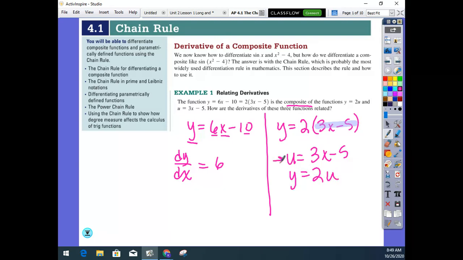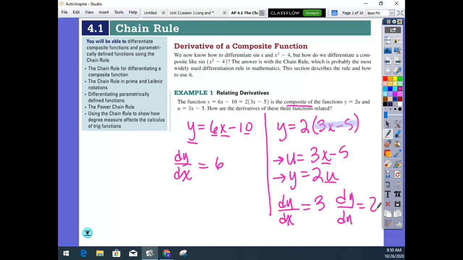Now if I take the derivative of u, that's with respect to x, du dx equals 3.